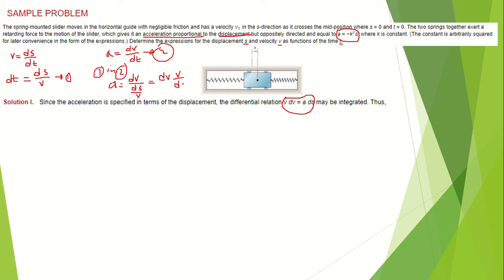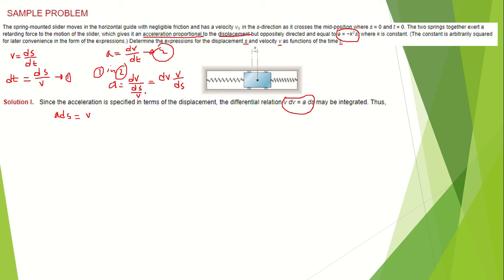Then cross multiply ds, so we have a times ds equal to v dv.